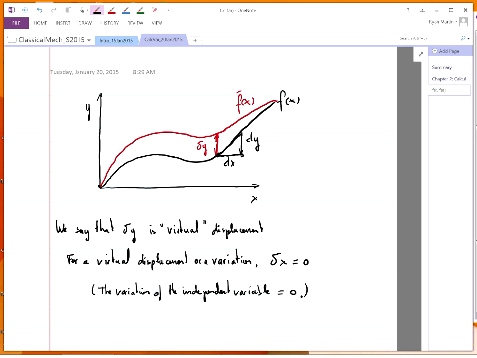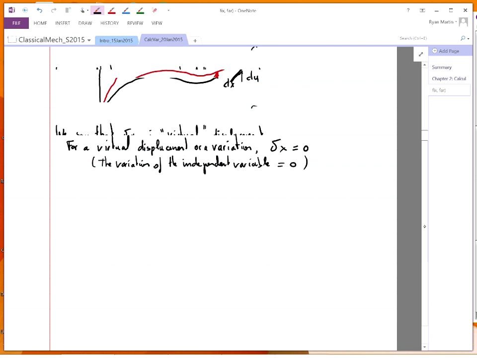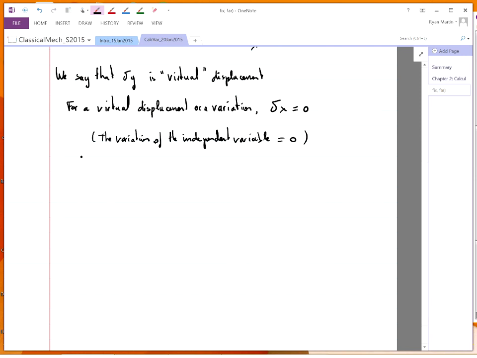So let's look at some of the properties of this delta operator that we use to signify the variation of a function. Okay? So properties of delta operator. So it's like properties of taking the variation of a function. So let's look at differentiation.